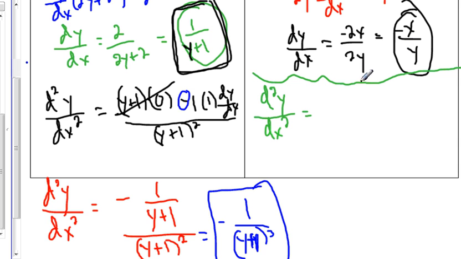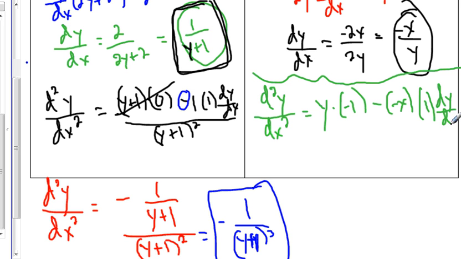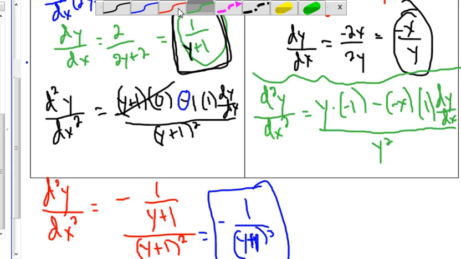So it's the quotient rule. So it's going to be denominator, Hody high. So y times the derivative of negative x is negative 1, minus, leave the Heidi ho, so the numerator times the derivative of the denominator, which is 1, but then dy dx, all over y squared.